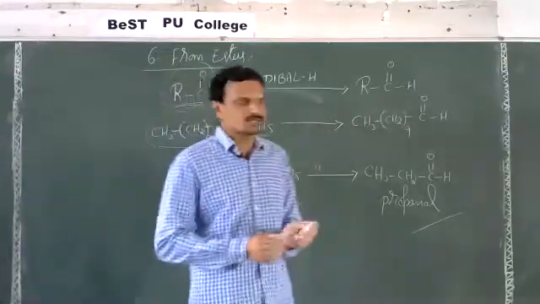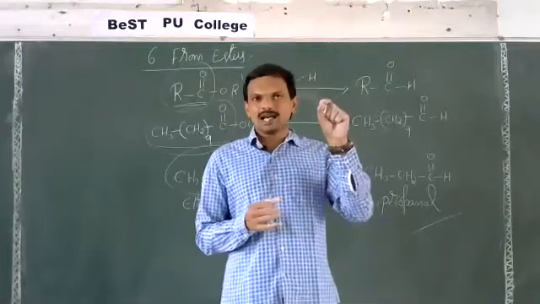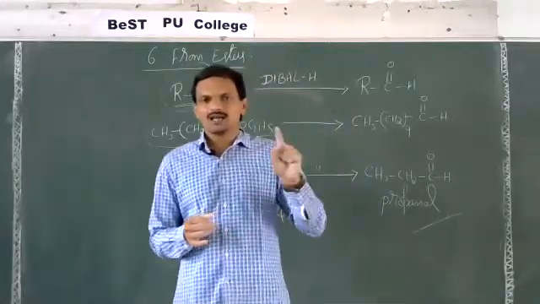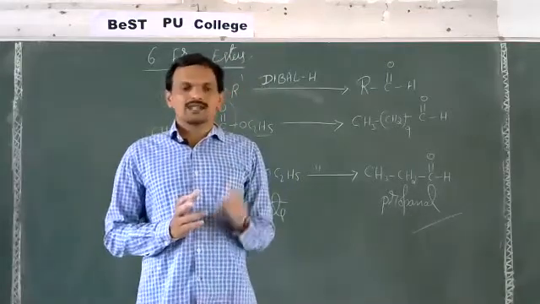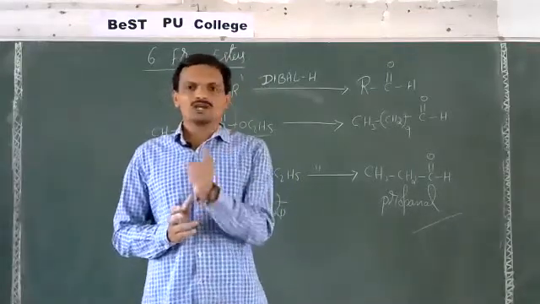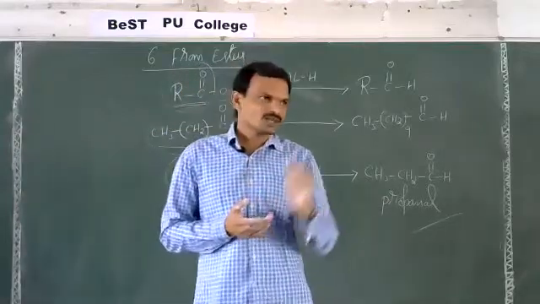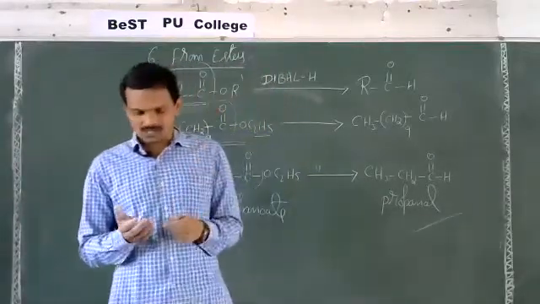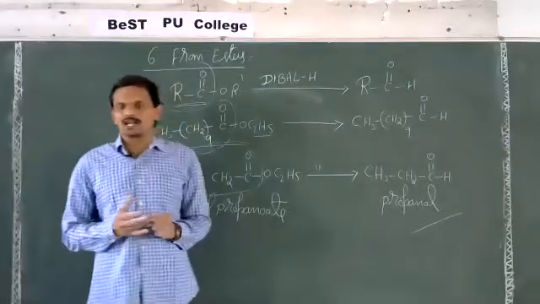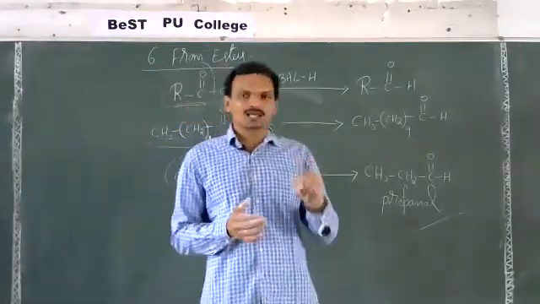So still what we discussed is, first one from alcohols by dehydrogenation and by oxidation. Second one from alkynes, addition of water gives enol that rearranges to give aldehyde or ketone. Third one is from alkenes by ozonolysis, gives either aldehyde or ketones or the mixture of aldehydes and ketones depending on the nature of alkene.